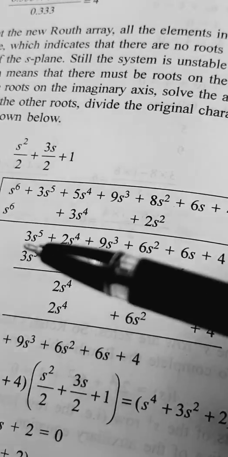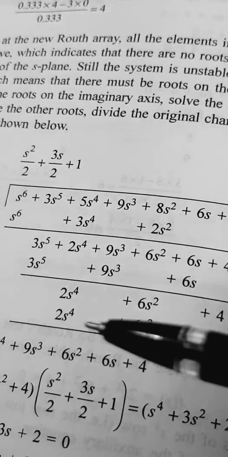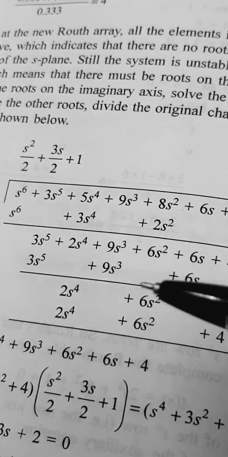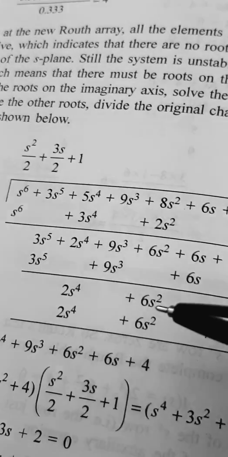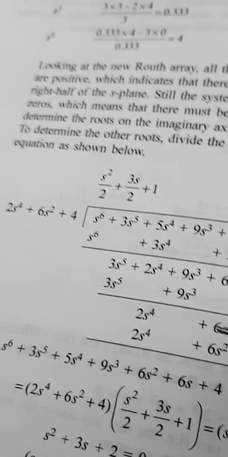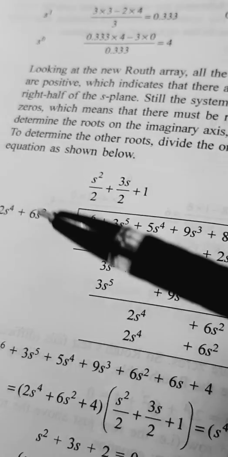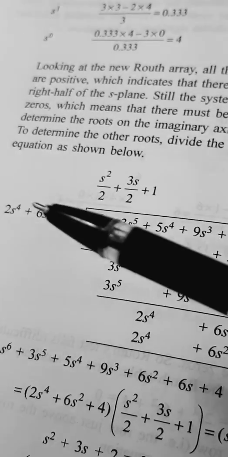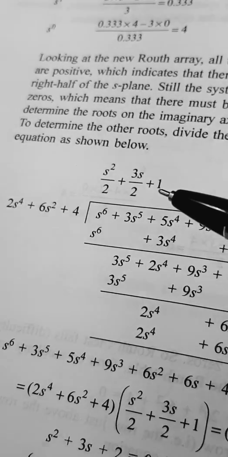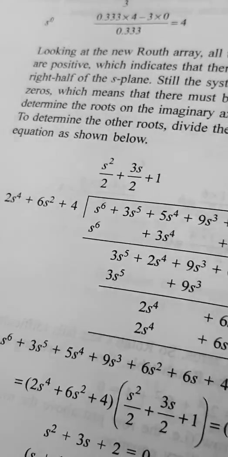When you are subtracting, this will be cancelled. You are getting 2s4. 9s3 cancels. 6s will cancel. Then 4. So you are getting exactly equal to this term. So next term of the division is 1. 1 into this, all will be cancelled.